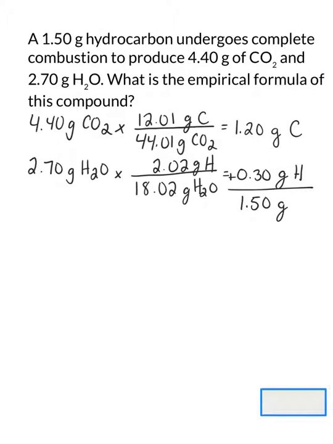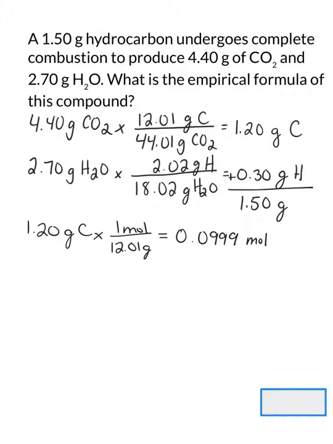This is simple stoichiometry, where we're going to take the 1.20 grams of carbon, and every 12.01 grams is 1 mole. Right? So 1.20 divided by 12.01 gives me 0.0999 moles.